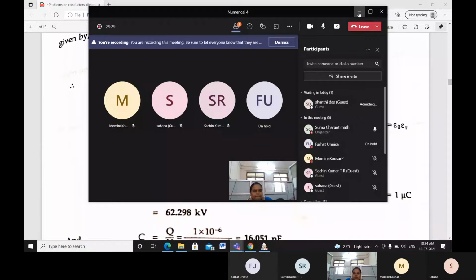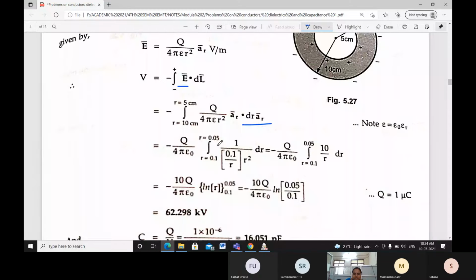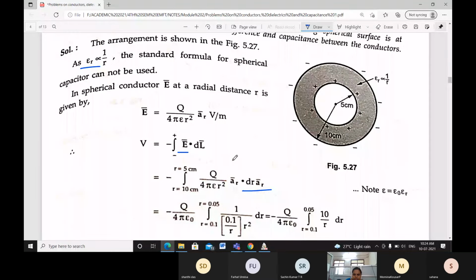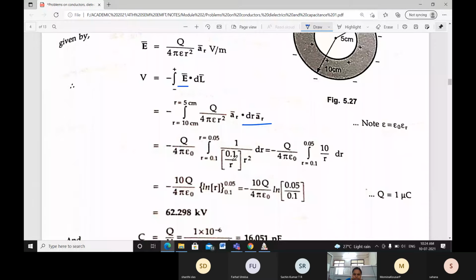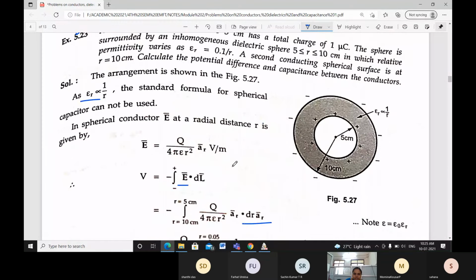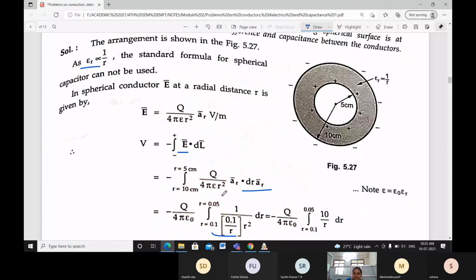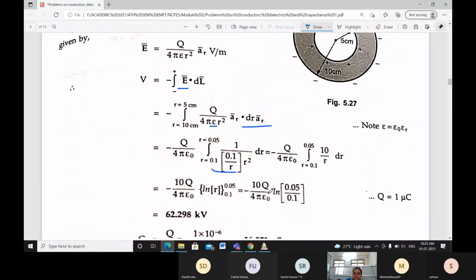Then that's going to be equal to 1 divided by, somewhere I missed. Here, sorry, epsilon naught, here it's going to be taken.